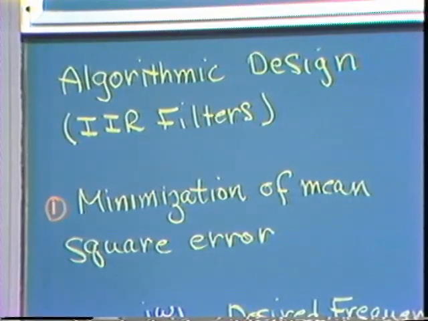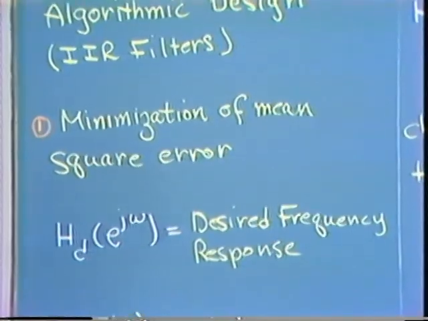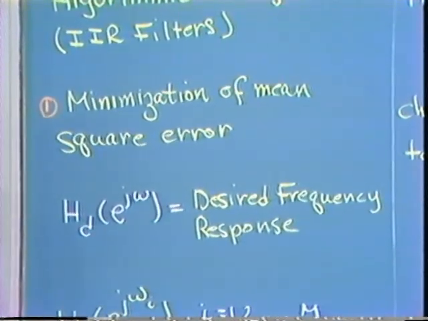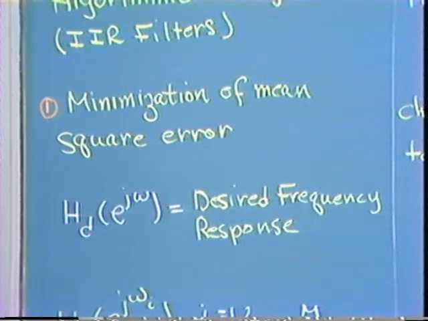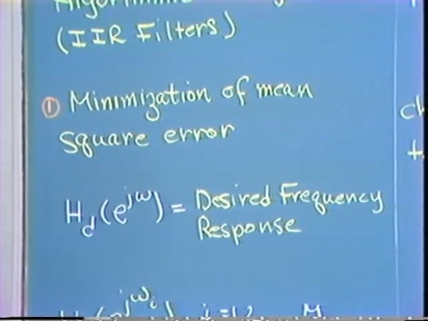So let's assume that we have some desired frequency response, H sub d of e to the j omega. We would like to match that with the frequency response of the rational transfer function.